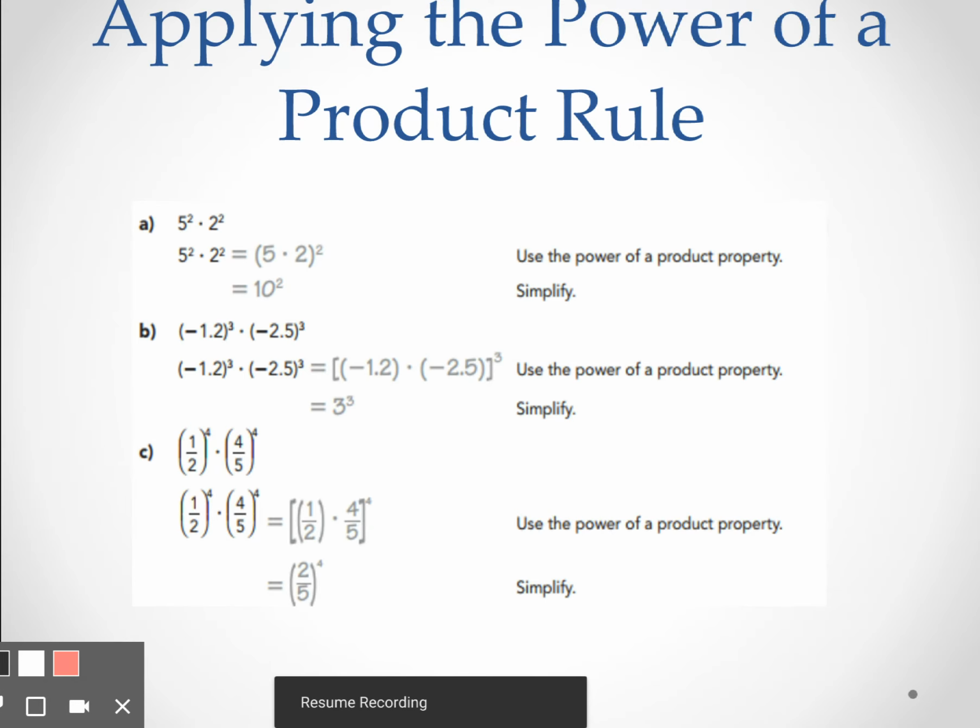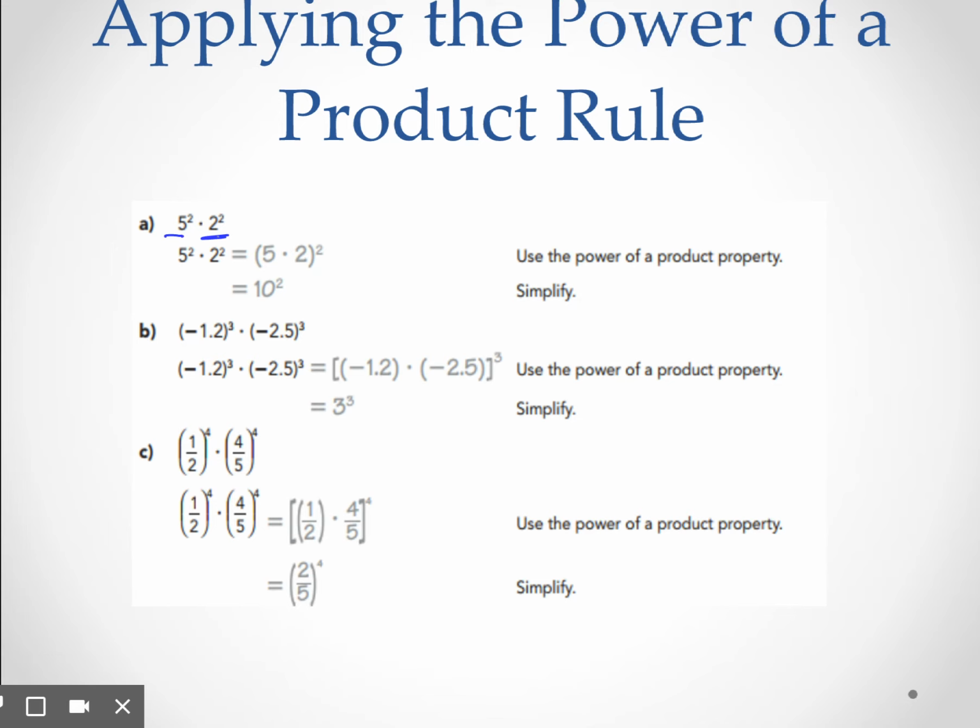So here I'm going to show you some examples of where we're actually applying the power of a product rule. So you see in part A we have 5 squared times 2 squared. The bases are different, but because the exponents are the same, we're able to use that power of a product property. I can put that 5 and the 2 both inside the parentheses here.